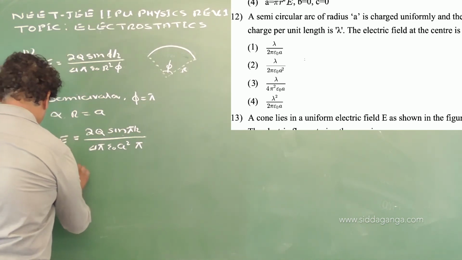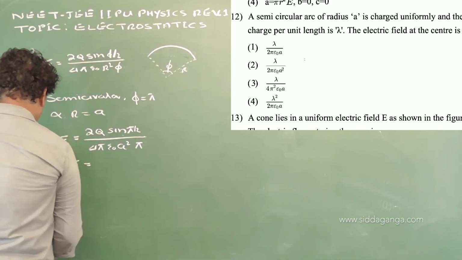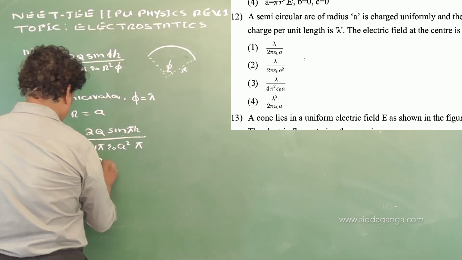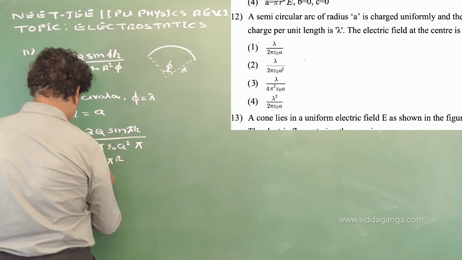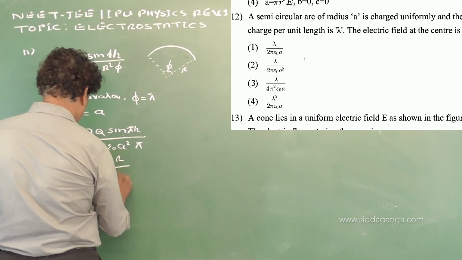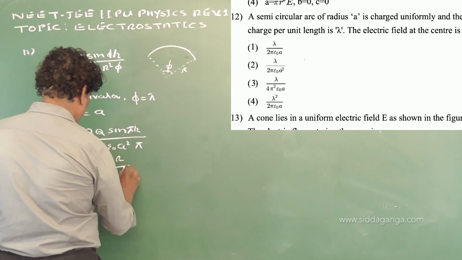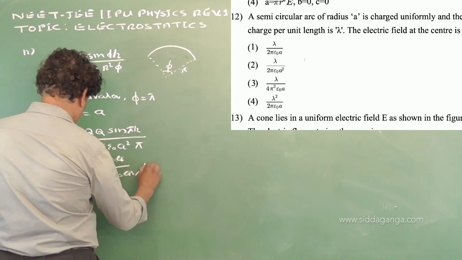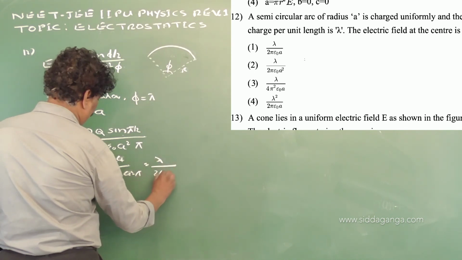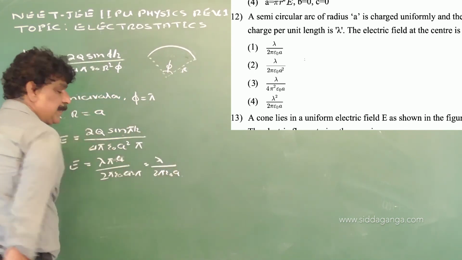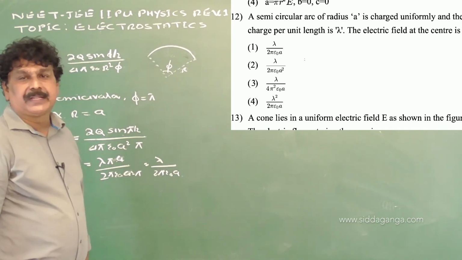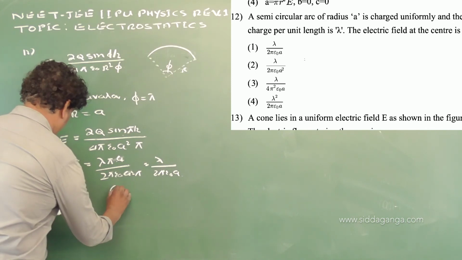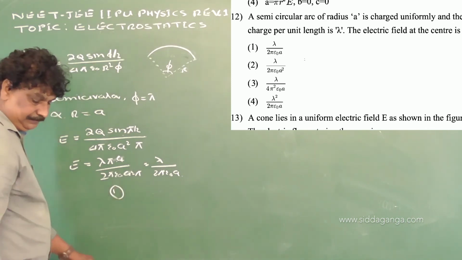So E is equal to, that lambda by 2 pi r can be written as lambda pi r by 2 pi epsilon naught A square pi, that is equal to lambda by 2 pi epsilon naught A. So the first one is the option, lambda by 2 pi epsilon naught A.